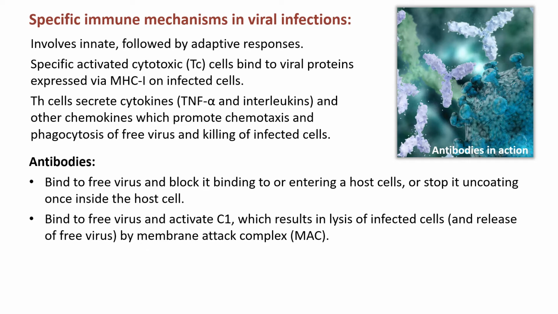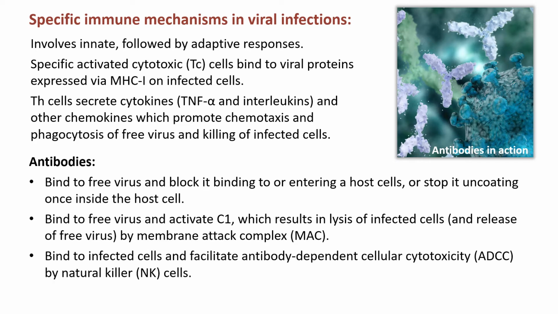Of course, if it does result in the lysis of infected cells, then we end up releasing the virus, in which case we then have to deal with it. Also leads to opsonization, of course.